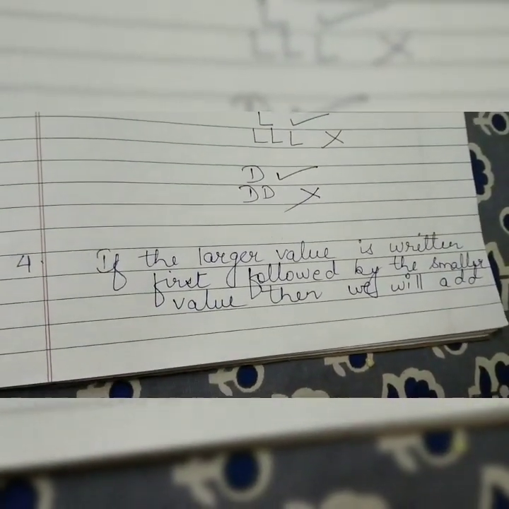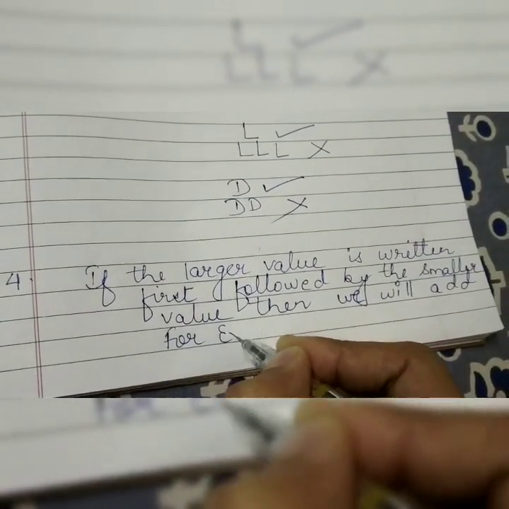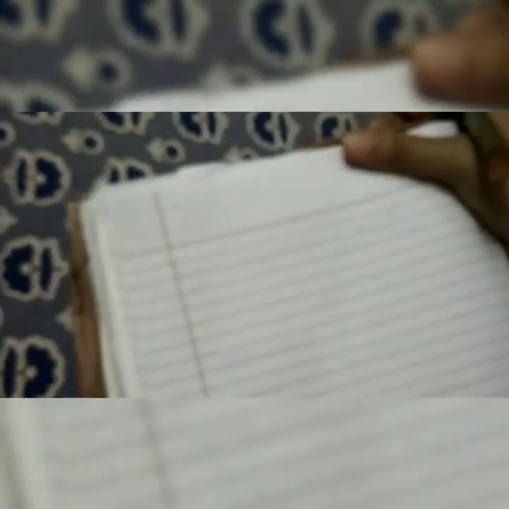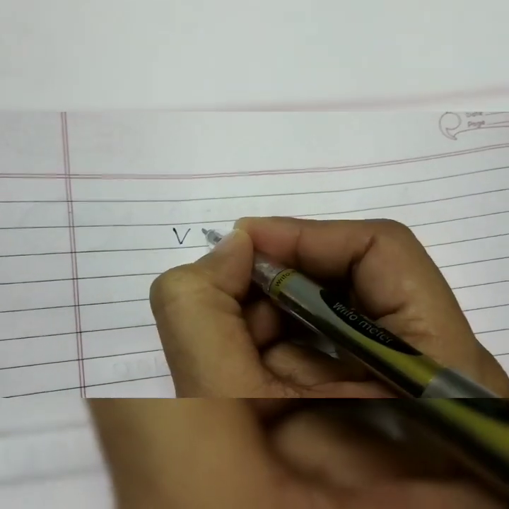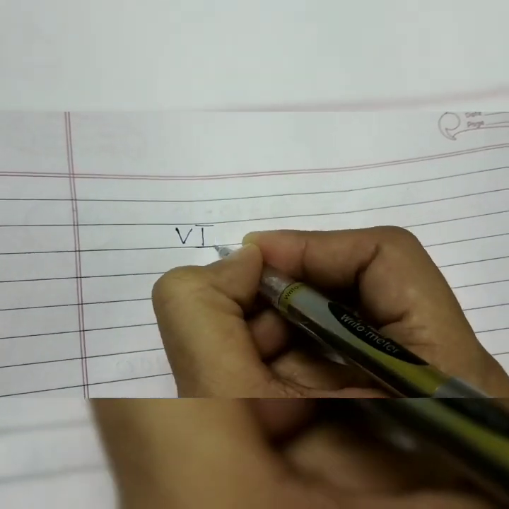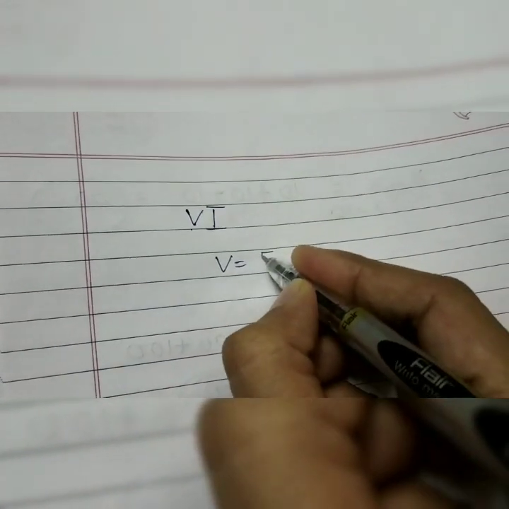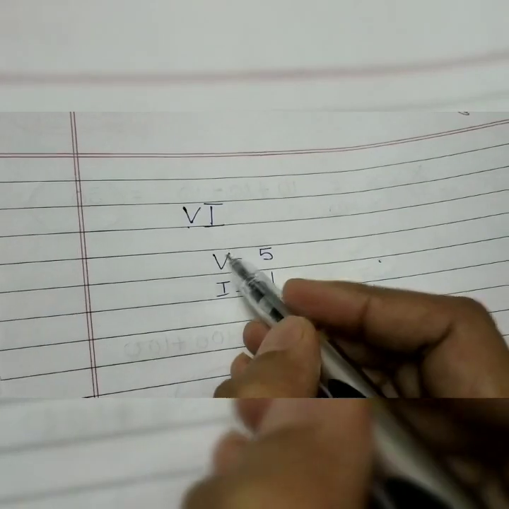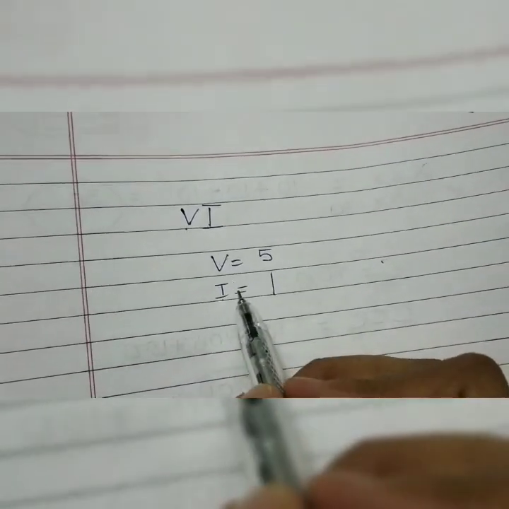Okay, let's discuss this with the help of an example. For example, now suppose it is written VI. Now you know the value of V is 5 and the value of I is 1. It means V is greater and I is smaller. So this was the rule.